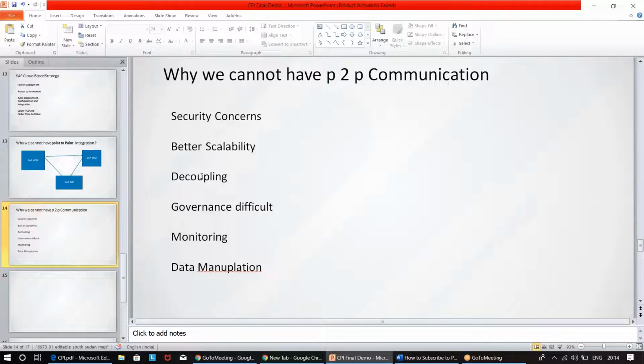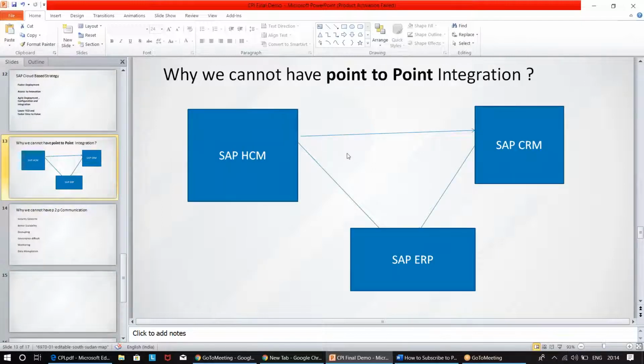Decoupling, I hope everyone gets it, because it will be very difficult to decouple if systems are very tightly integrated. In case of some upgrade or new features being added, we have to make sure that all the systems are upgraded and adapted.